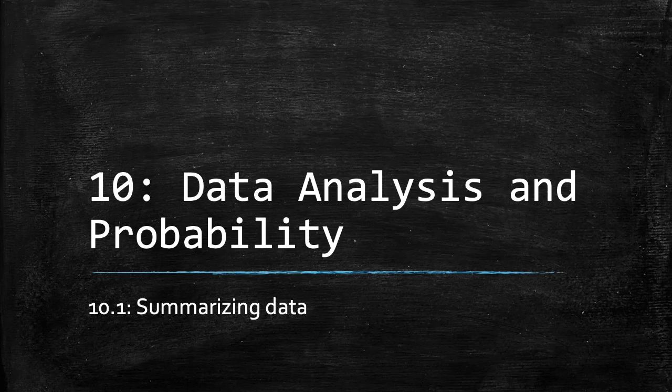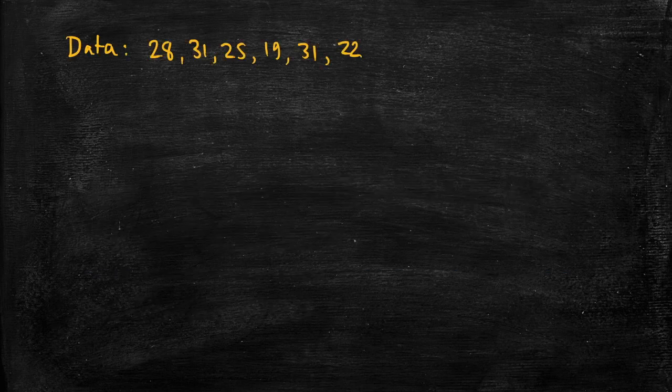In this video, I'll go through some methods for summarizing data numerically and graphically. So let's suppose we've got this small data set here of just 6 observations: 28, 31, 25, 19, 31, and 22.